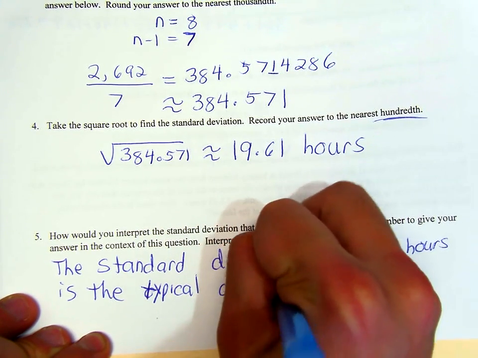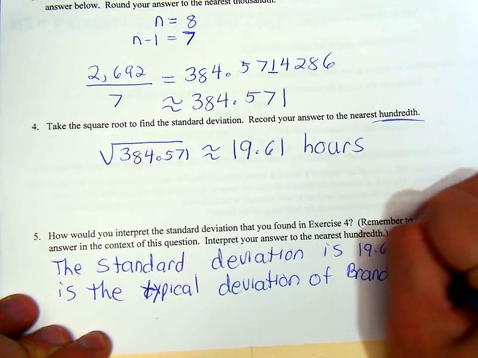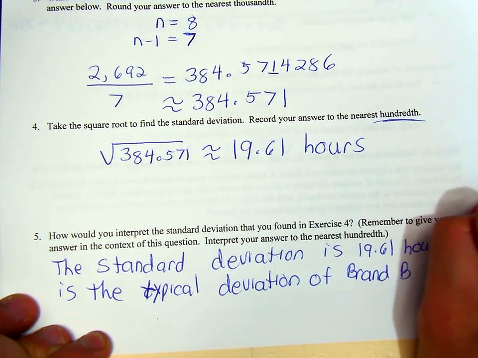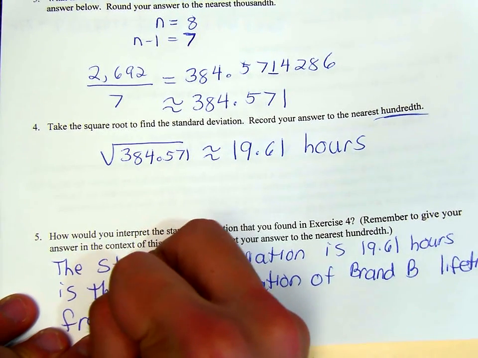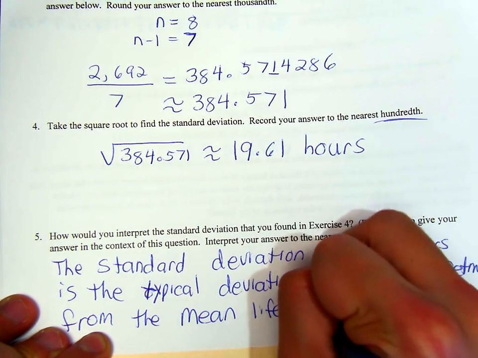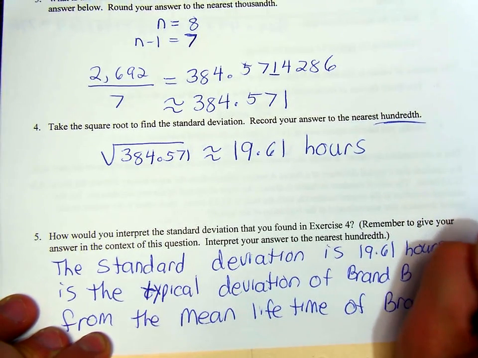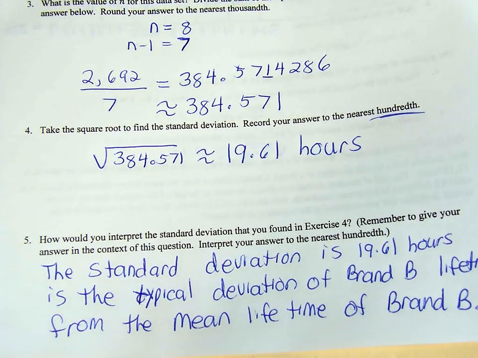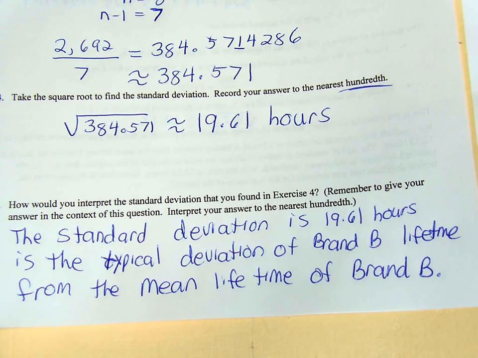A typical deviation of brand B lifetime from the mean lifetime of brand B. So that is how we can interpret the standard deviation of brand B batteries.